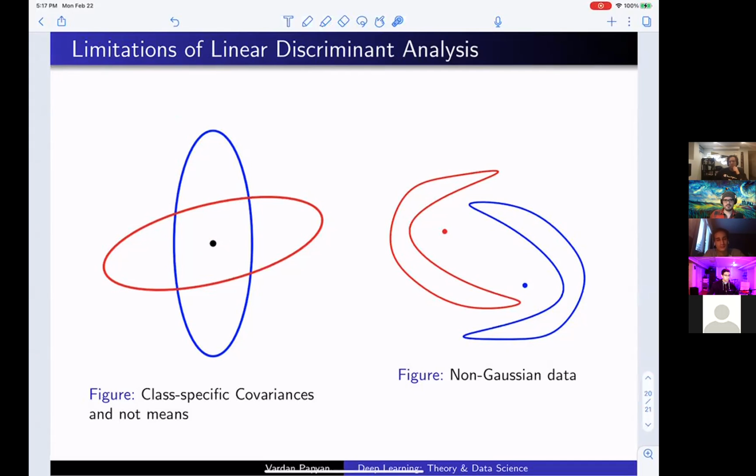Because QDA, quadratic discriminant analysis, would take into account the covariances of the different classes, and it wouldn't just assume they're equal to each other. Another case where LDA might fail is if you have non-Gaussian data. So here's an example of some wacky data, and you can see how the class mean is somewhere here.